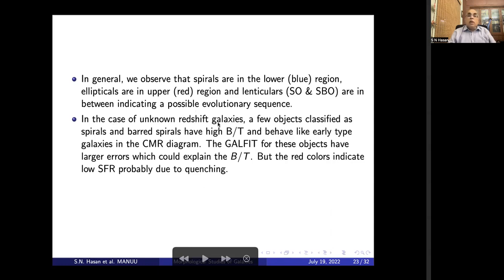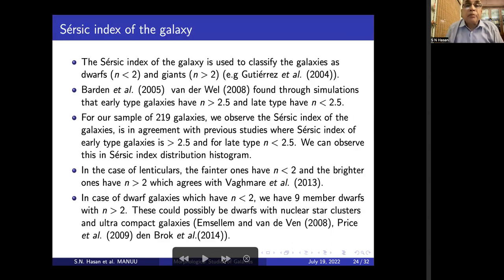In the case of unknown redshift galaxies, a few objects are classified in the CMR diagram. The GALFIT fits for these objects have larger errors which could explain the B/T, but the red color indicates low star formation rates, probably due to quenching.